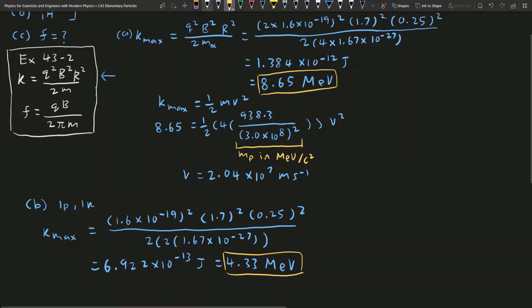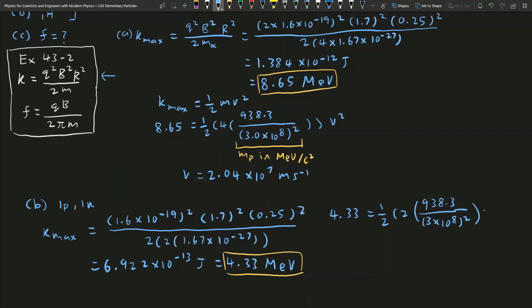Now to solve for the velocity, again we use the same formula, 1 over 2 m v squared. So we have 4.33 equals 1 over 2, and now this is just 2, we have only 1 proton and 1 neutron, and the rest is the same, 938.3 over 3 times 10 to the power 8, squared. Again, we solve for v.